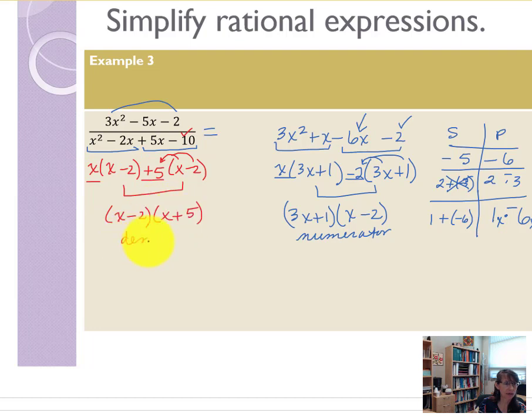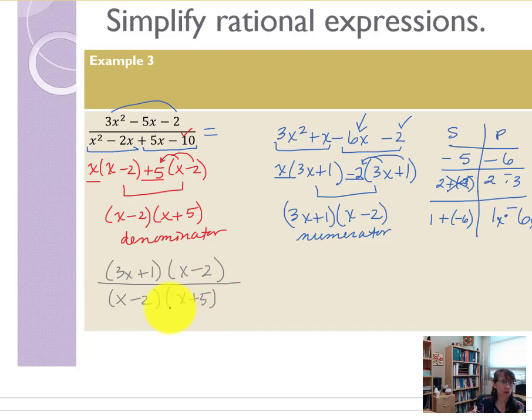This is the denominator. So when I rewrite my rational expression, I'm putting 3x plus 1 times quantity x minus 2 in the numerator, and then quantity x minus 2 times quantity x plus 5 in the denominator.